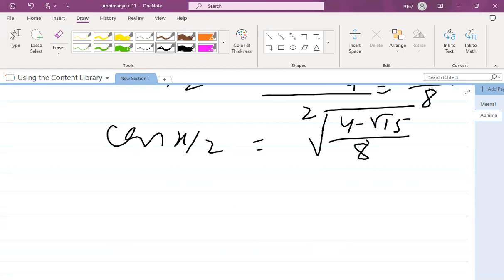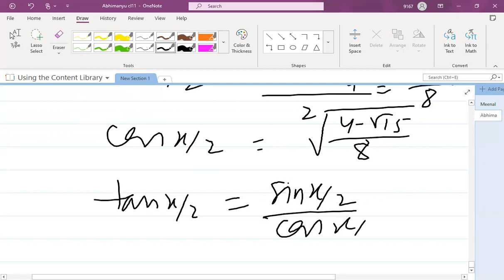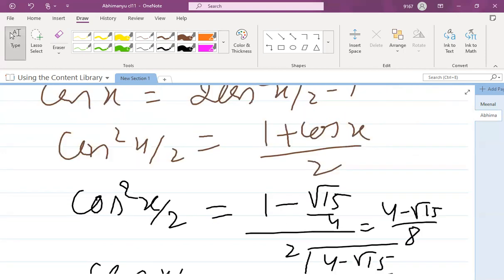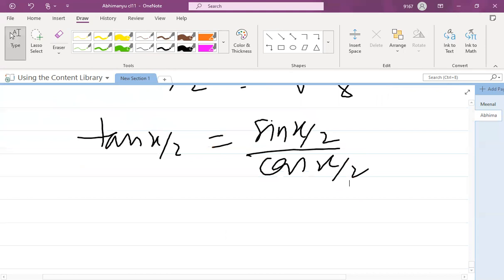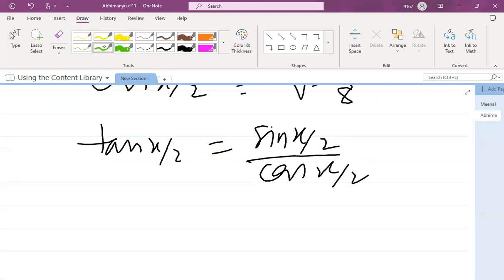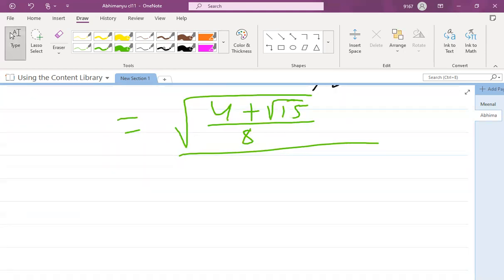And tan x by 2 equals to sin x by 2 upon cos x by 2. So sin x by 2 is what? 4 plus root 15 by 8, divided by 4 minus root 15 upon 8.